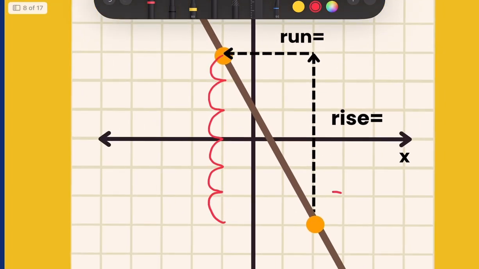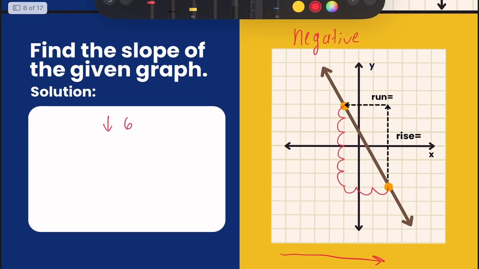And then it went to the right 1, 2, 3 times. So that's over 3. And keep in mind that it's negative. So we must write this as negative 6 over 3. And 6 divided by 3 could just be simplified to negative 2. Therefore, our slope, which we're going to label m, is going to equal negative 2.